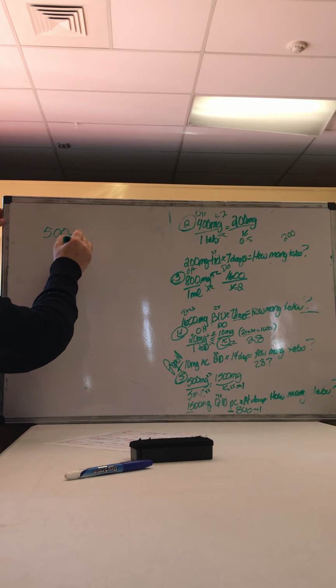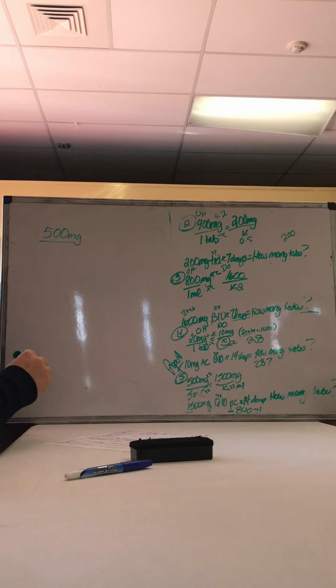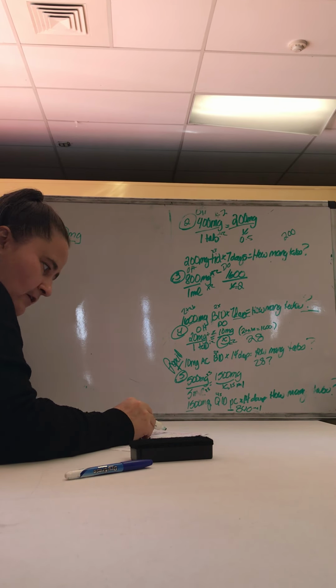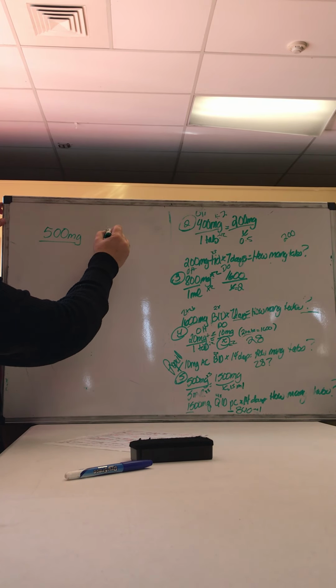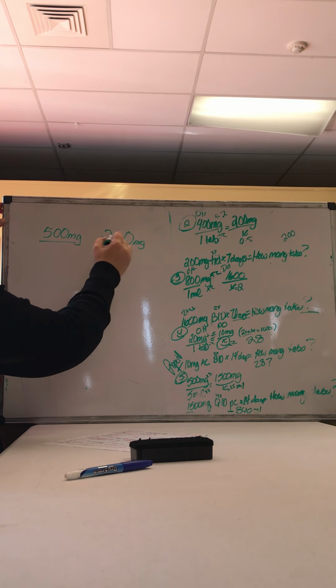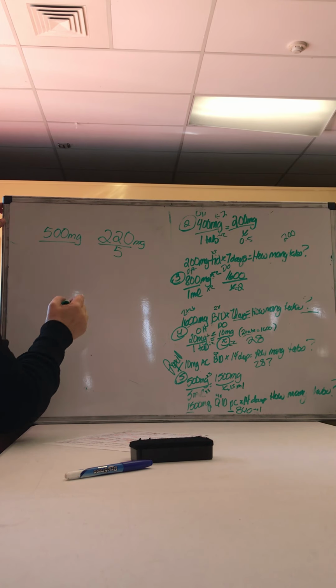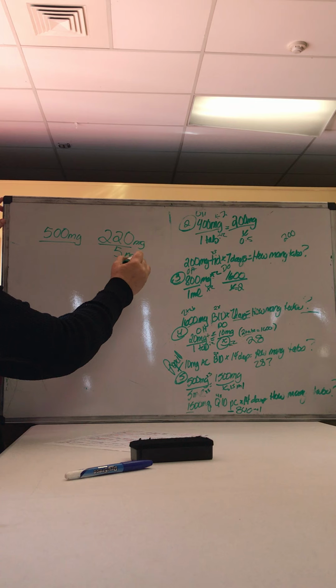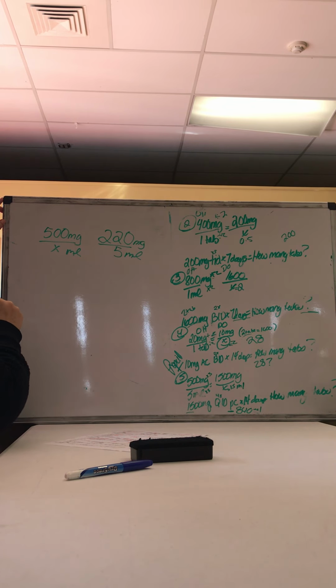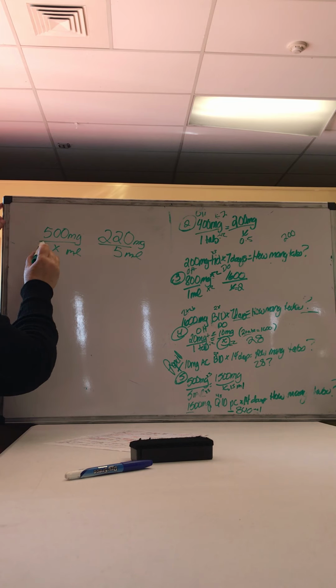What we have available, it reads on the shelf, ferrous sulfate 220 in 5 milliliters. So over here we would put 220, and it's milligrams as well, which is great. We don't have to do any changing. What we want to know is how many milliliters we are going to give this patient, because they need 500.